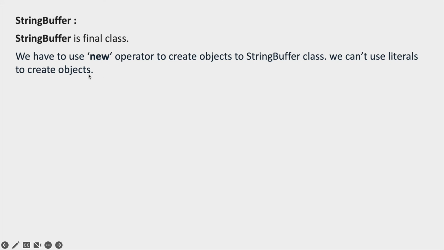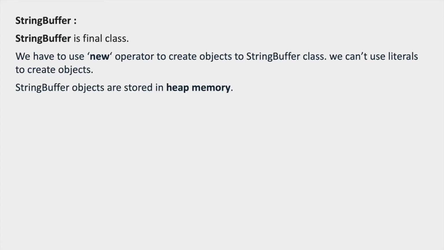String objects can be created in two ways: one is literals and one is using the new operator. In the case of StringBuffer, we can create StringBuffer objects by using only the new operator. We cannot use literals. Because of using the new operator, the objects will be stored in heap memory.